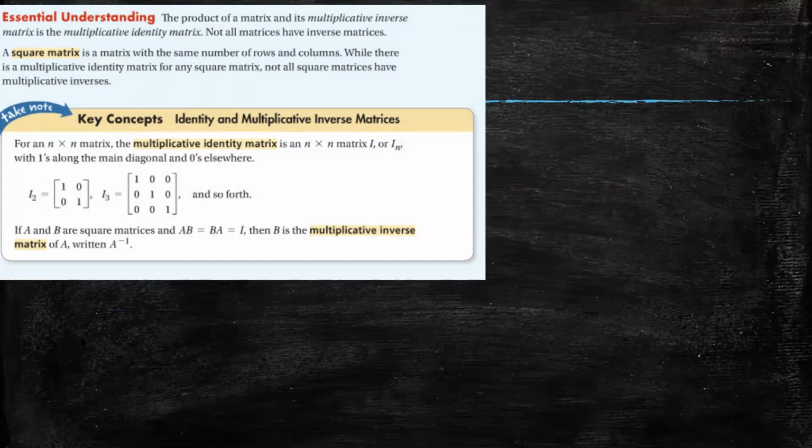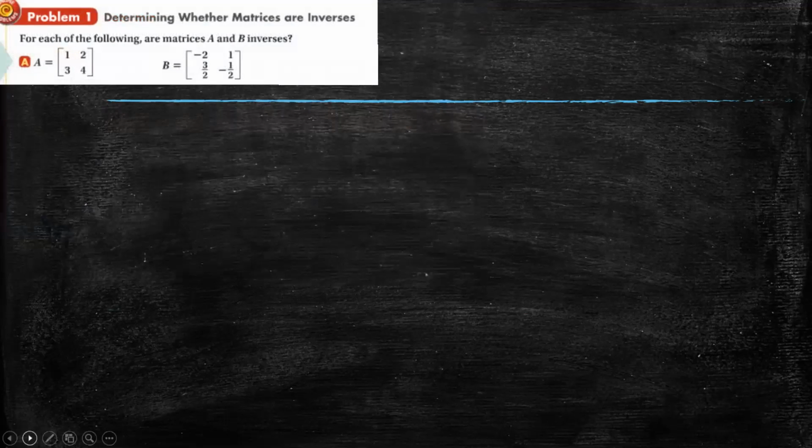And after that, we said that not every matrix has an inverse. If you multiply the two matrices and you get an identity, this will be an inverse matrix. If you will not get an identity, this will not be an inverse matrix.